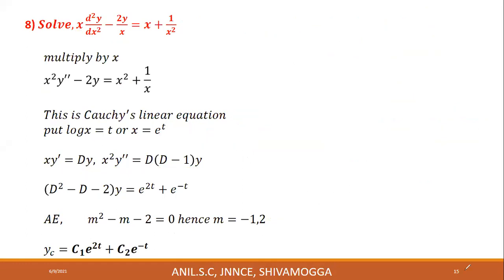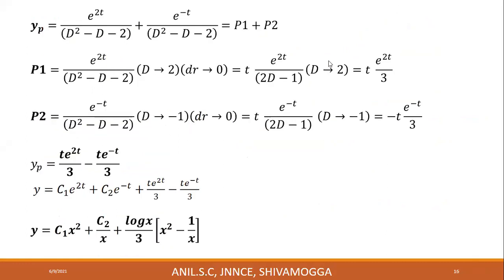Now we find a particular integral. Yp is equal to phi of t divided by f of d. E power 2t divided by f of d plus e power minus t divided by f of d. Let the two parts be P1 and P2, therefore Yp is P1 plus P2.